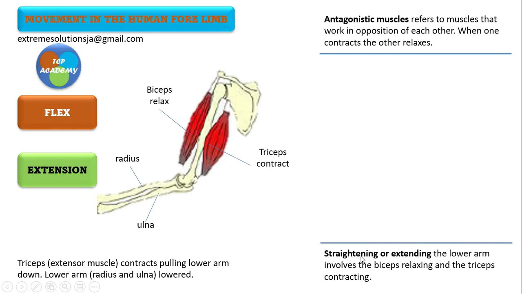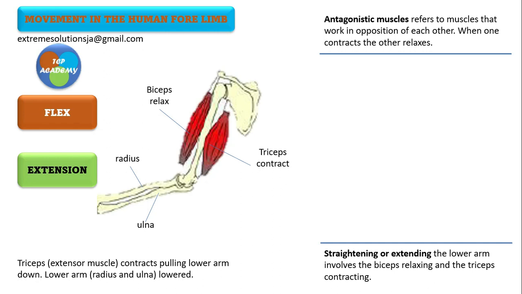Now, we could also say straightening or extending the lower arm involves the bicep relaxing and the tricep contracting. Look at what happens here. The arm is extended. The tricep would have been contracted, and having been contracted, it is bulged and shortened.